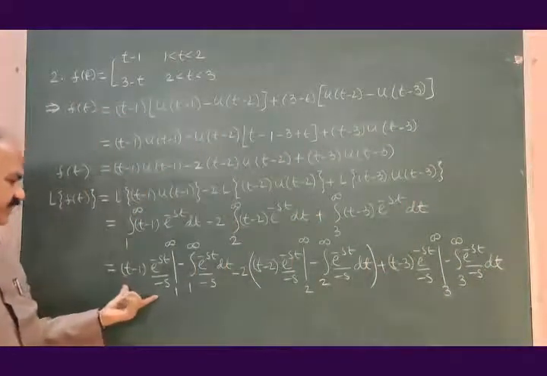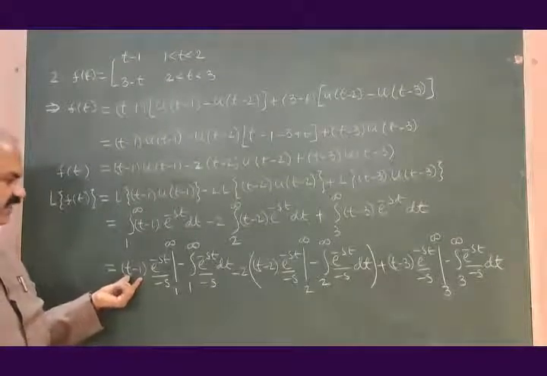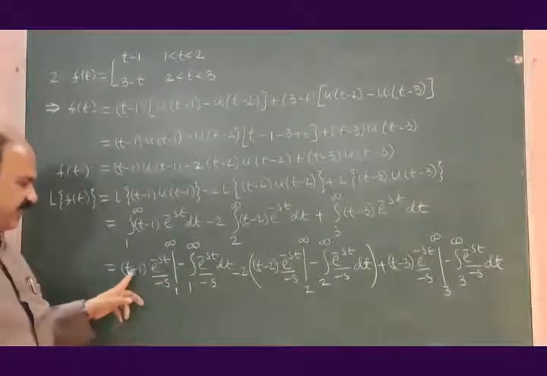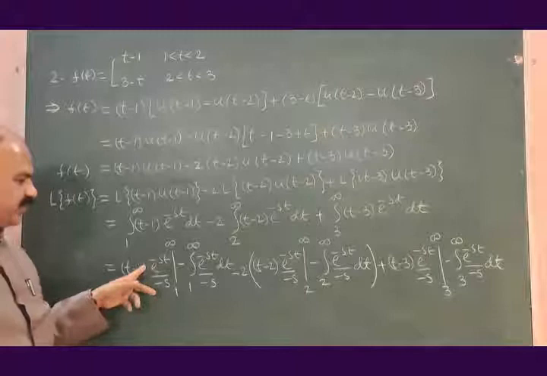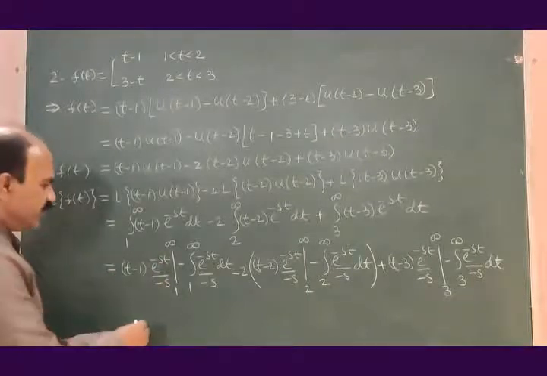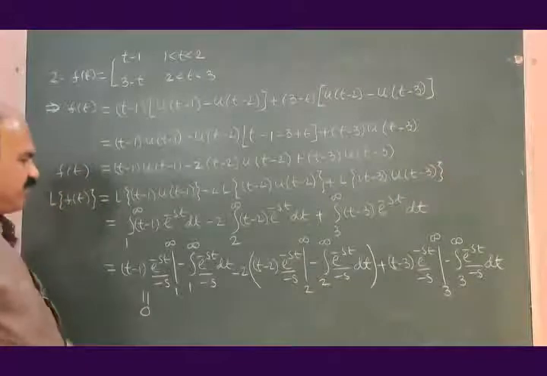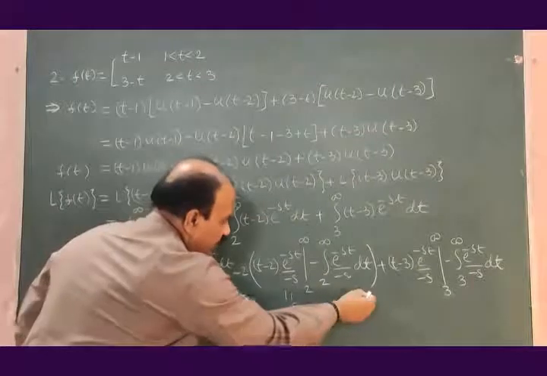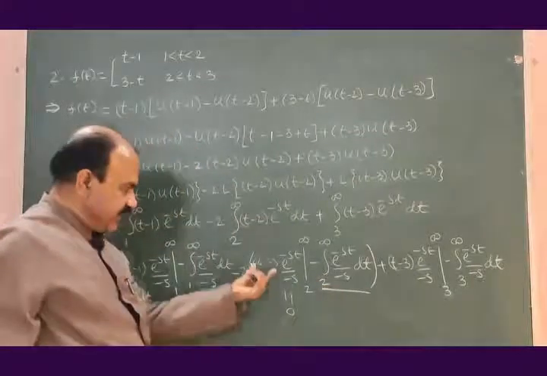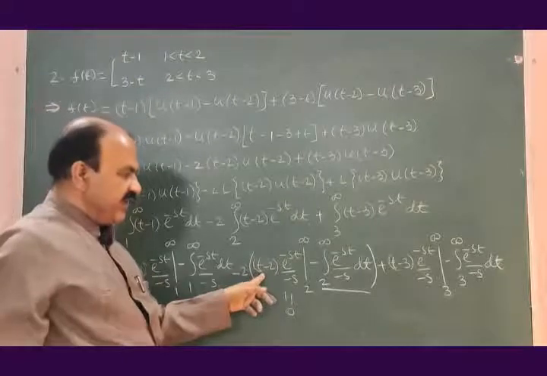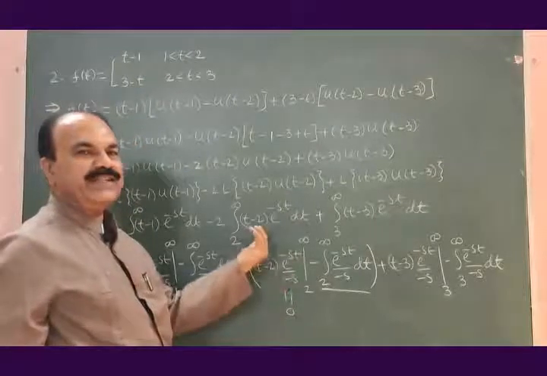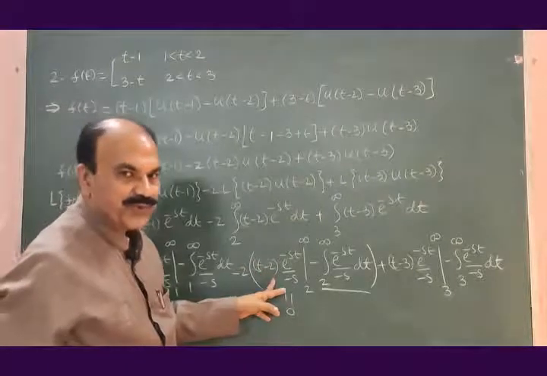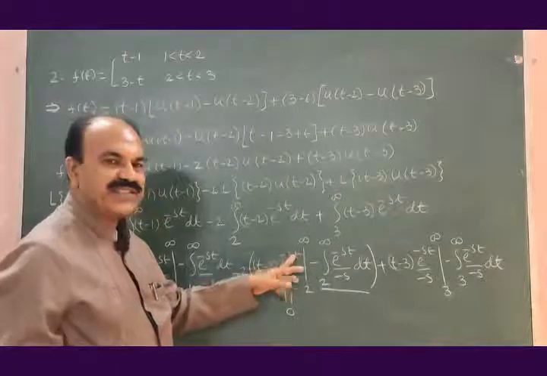Find the value of this. At infinity, (t minus 1) into e to the power minus infinity is 0, minus (t minus 1) at 1 is 0, into e to the power minus s, 0. So this term will become 0. Similarly, this term will become 0, not this, this is left. This term will become 0. At infinity, (t minus 2) into e to the power minus infinity is 0, minus (t minus 2) at 2 is 0, into e to the power minus 2s, is 0.